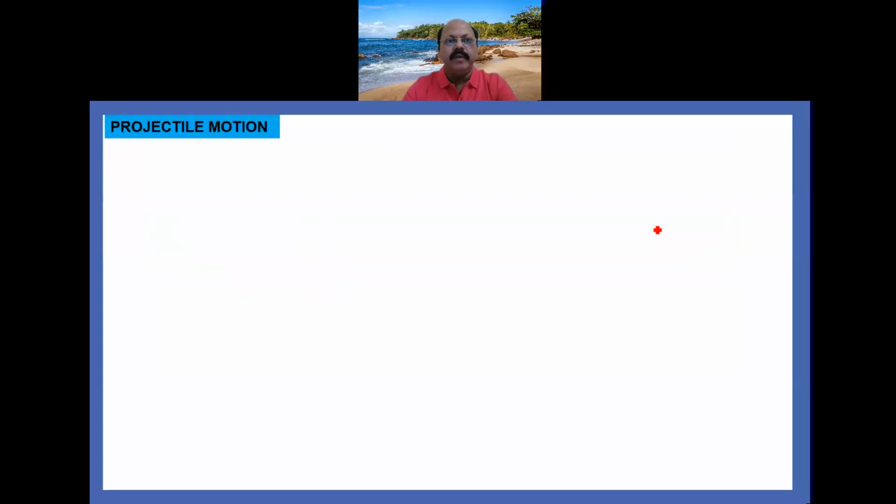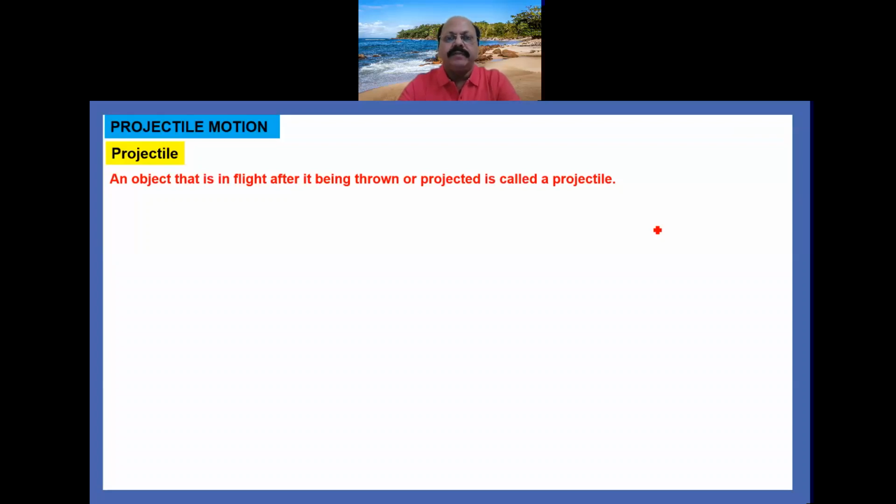The first one is projectile motion. Projectile: an object that is in flight after being thrown or projected is called a projectile. For example, when a piece of chalk is thrown, that piece of chalk is called a projectile.